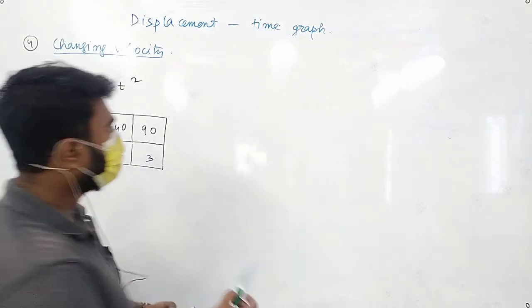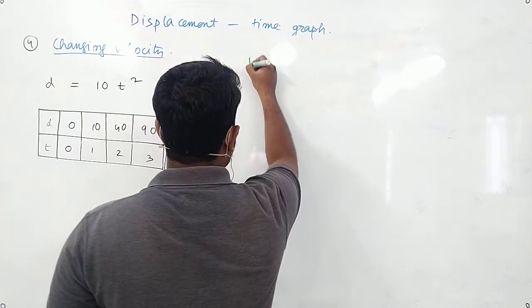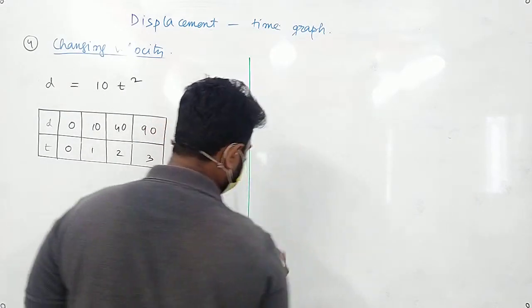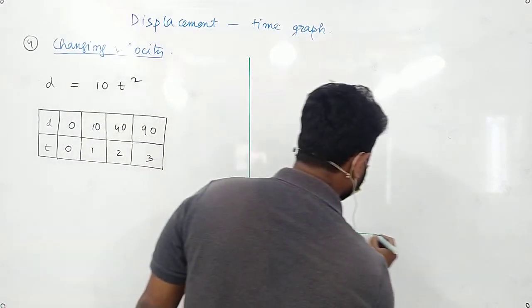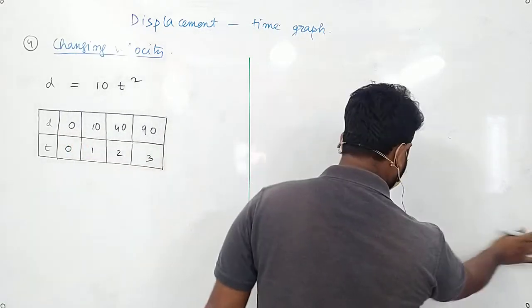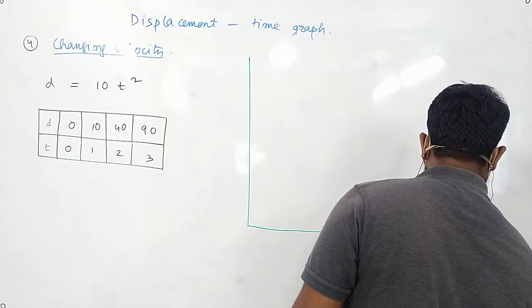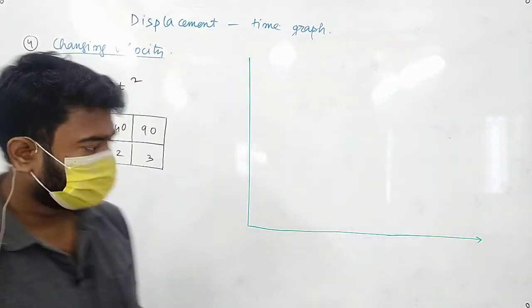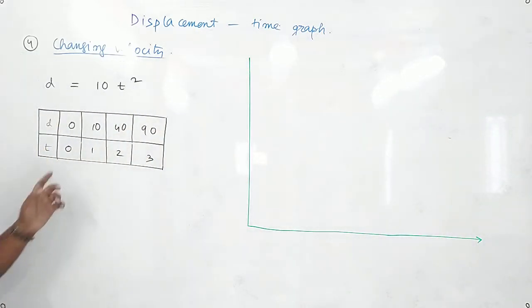Okay, can we make a graph out of this? Let us make a graph out of this one. Okay, so this one is the time axis. Time is from 0 to 3.